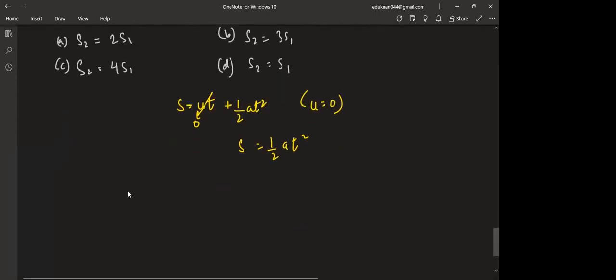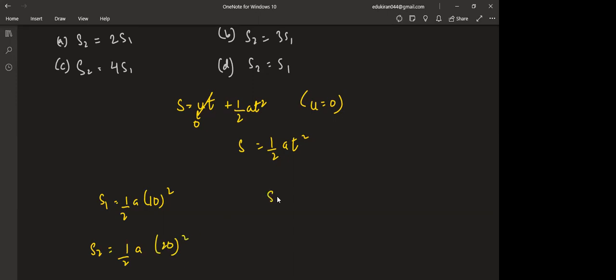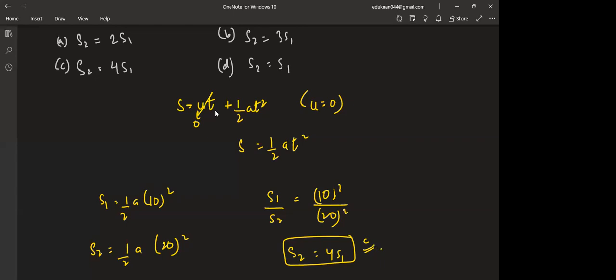S1 is half a 10 square. S2 is half a 20 square. So S1 by S2 is 10 square by 20 square. So S2 is equal to 4 times S1. C option. Please note it down, those who haven't.